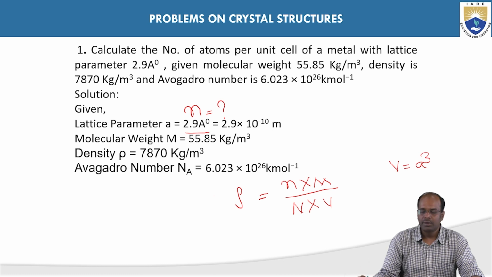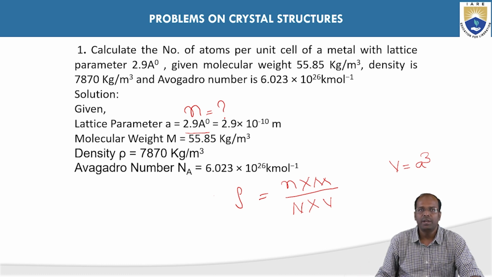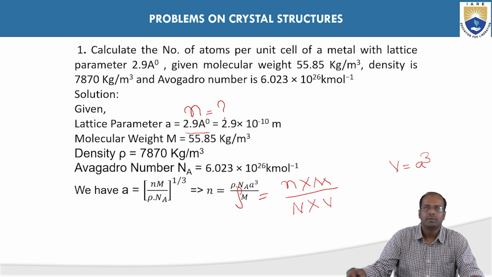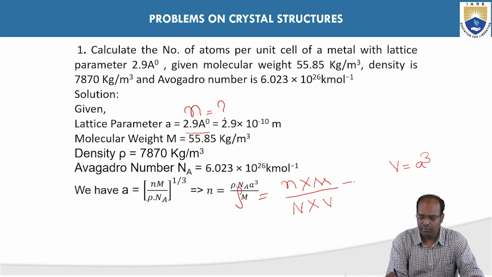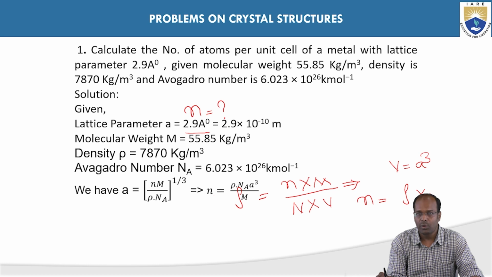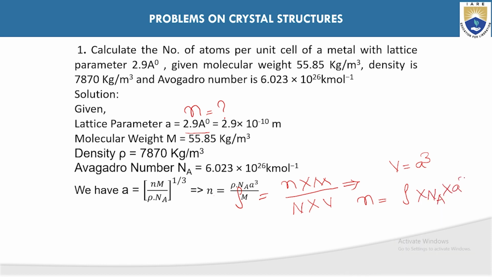Now we need to calculate the number of atoms per unit cell. So n we should find out. n is equal to rho into Na into volume, which is a cube, divided by molecular weight.